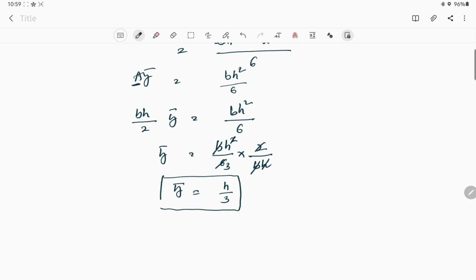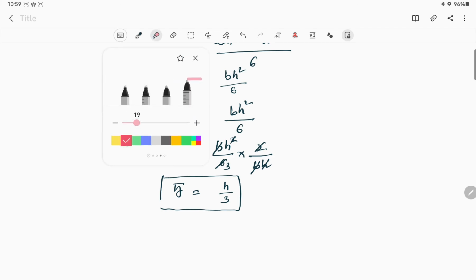So the centroid of the triangle, this is the triangle we have, and the centroid, this distance is our h by 3. Y bar is equal to centroid, this point. Okay, we'll draw it once again very clearly so that it will be easy to understand.